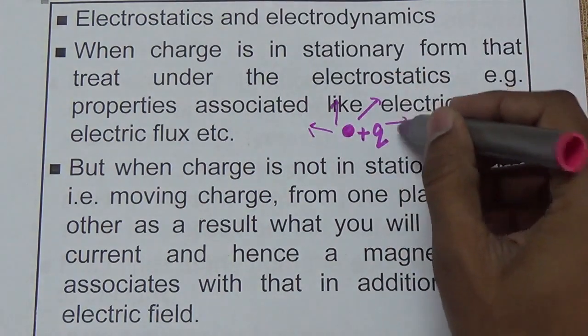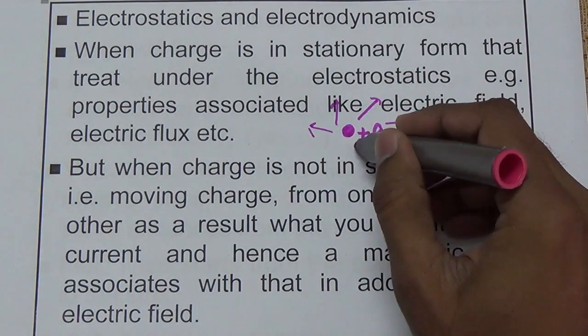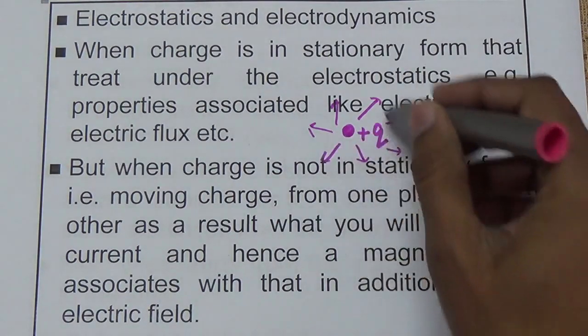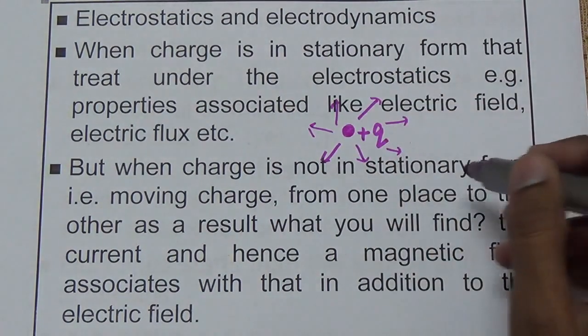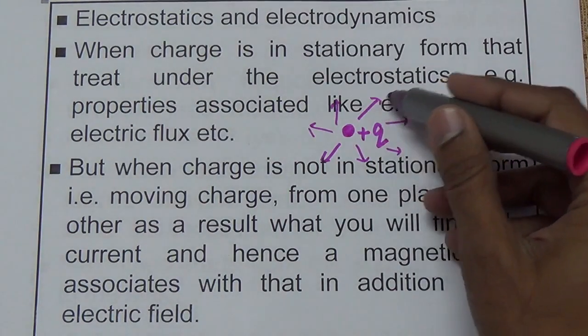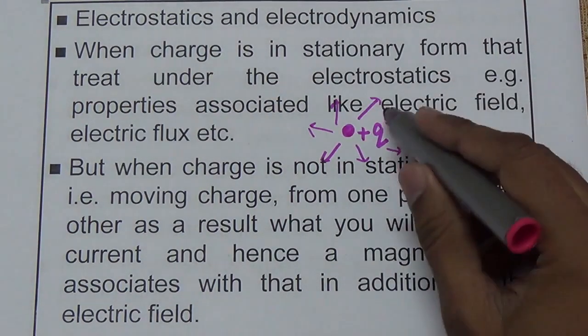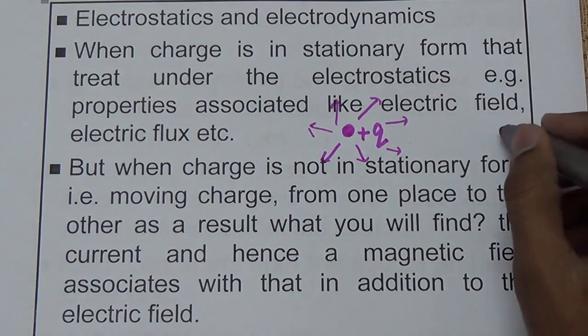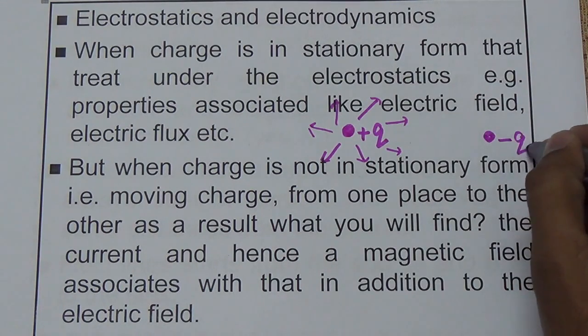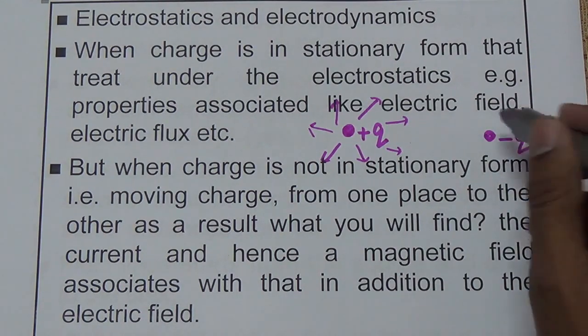That field is represented by vectors. So a field develops around this positive charge and electric field lines start into the space. These electric field lines basically end at this point, that is negative charge Q for example.